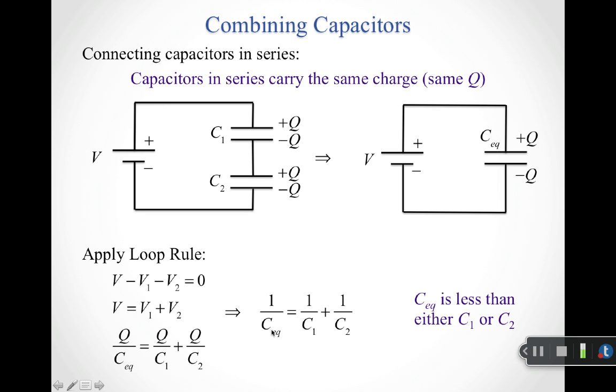So one of the things that we'll very strongly emphasize in class is that if you're going to use this equation to combine capacitors in series, the equivalent capacitance requires one more step of inverting your answer when you combine 1 over C1 plus 1 over C2.